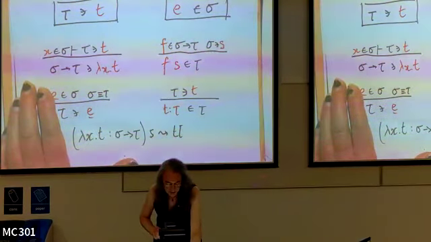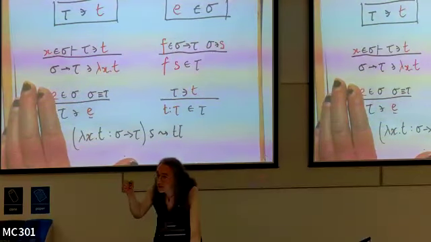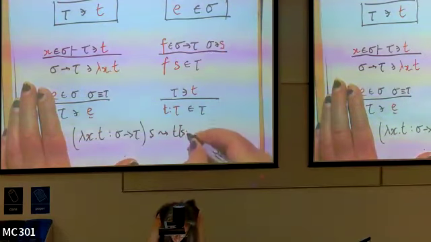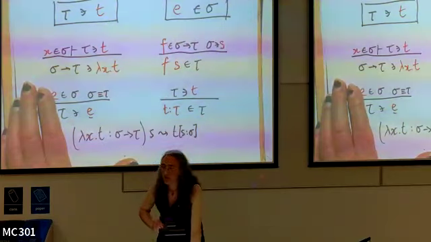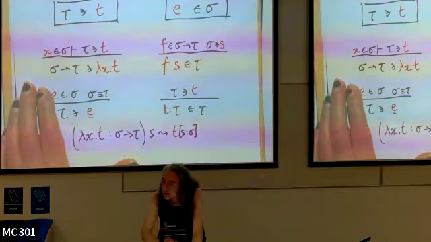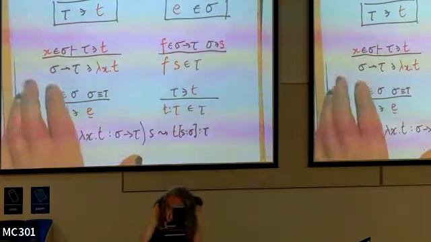Can I substitute S? No, I can't, because variables are synthesizable. I have to substitute radicalized S. And can I just give back T? No, because the whole application has to be synthesizable. So I have to radicalize the result.